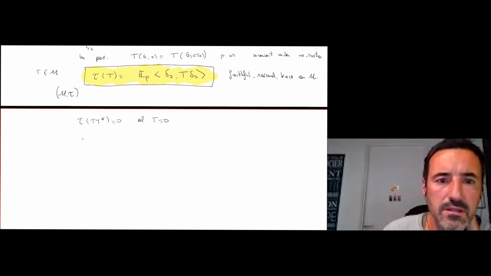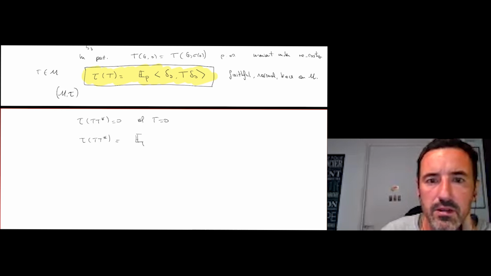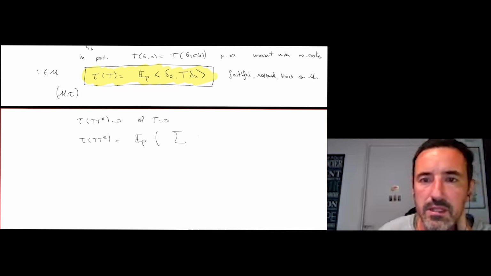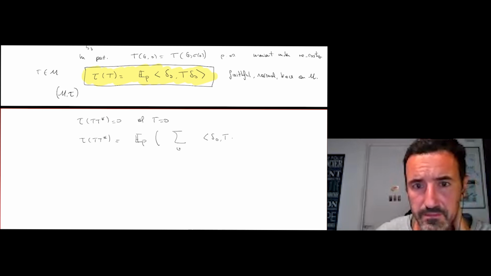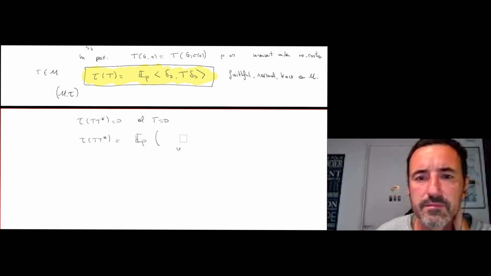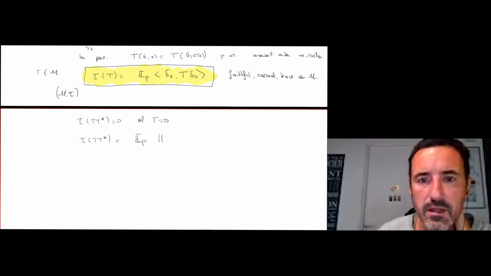Let's look at what is tau of T star T. This is the expectation under rho of the sum over V of the squared Euclidean norm of T applied to the Dirac mass at O.